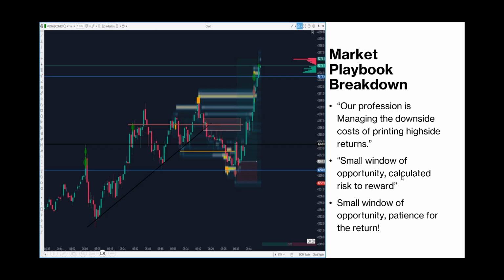I'm going to repeat it again because it's very important: the small window of opportunity, and we need to have patience for the return. So let's go ahead and get down into it.